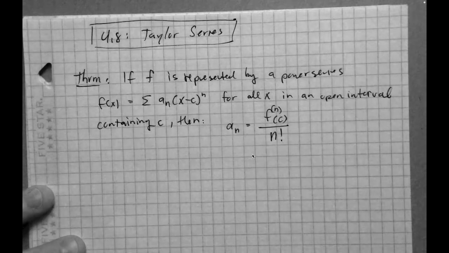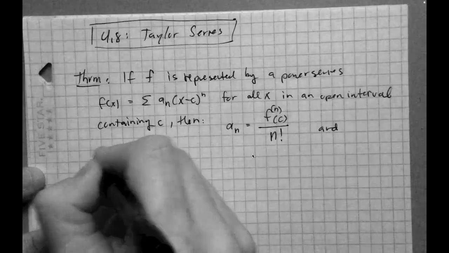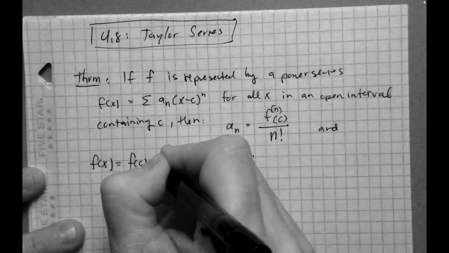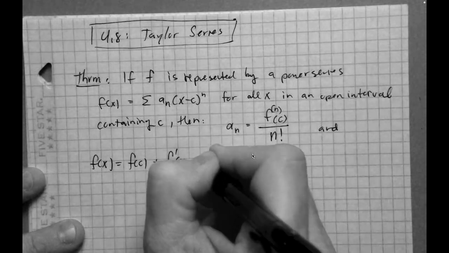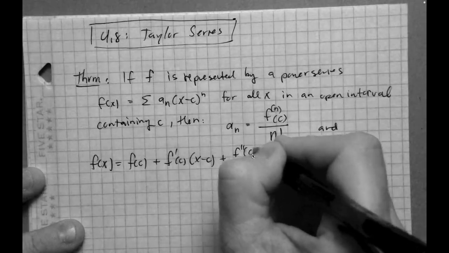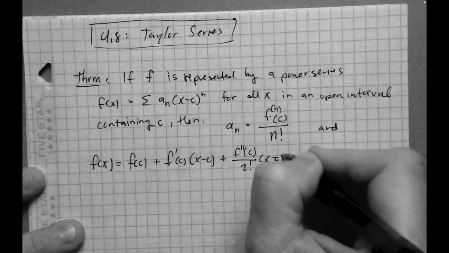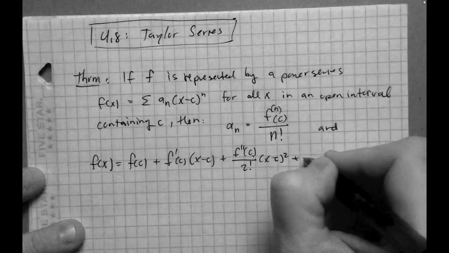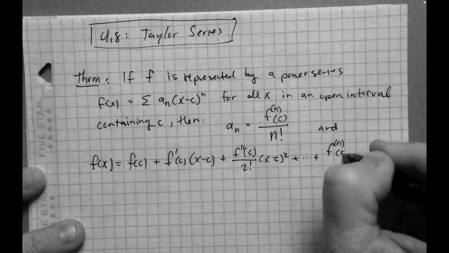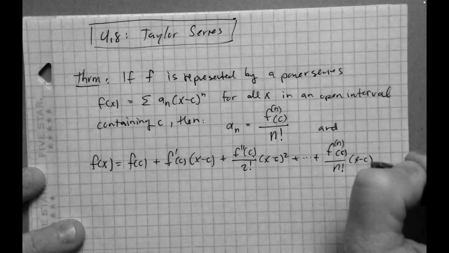Okay, so this we've seen, and f of x is equal to f of c plus f prime of c times x minus c plus f double prime of c over 2 factorial times x minus c squared plus, and so on, plus the nth derivative of f evaluated at c over n factorial times x minus c to the nth power.